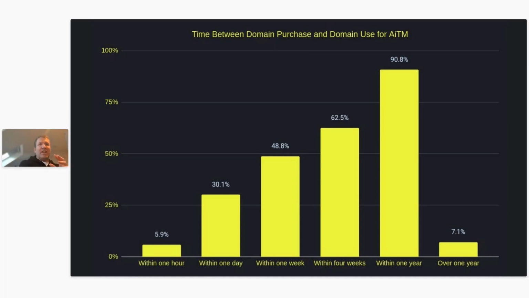Now, we weren't tracking activity around that time, but we did see that it had been used in 2023. And then in 2024, it moved to Cloudflare. And then we saw Adversary in the middle attacks relating to it.